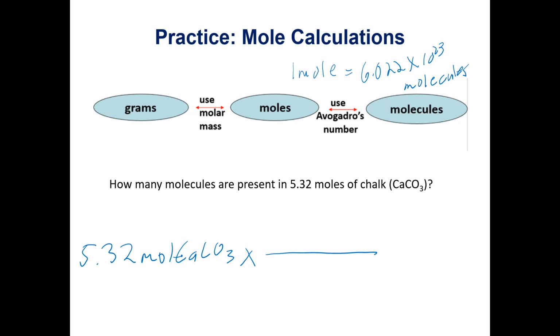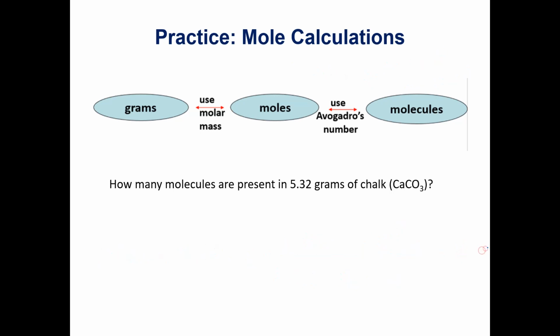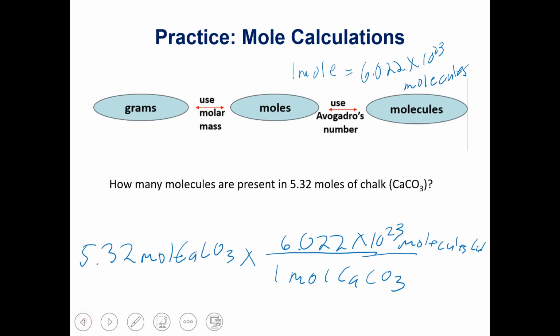So in this case we're going to use the fact that 1 mole is equal to 6.022 times 10 to the 23rd molecules as a conversion factor to get from moles to molecules. So 1 mole of calcium carbonate contains 6.022 times 10 to the 23rd molecules of calcium. Running out of room here.